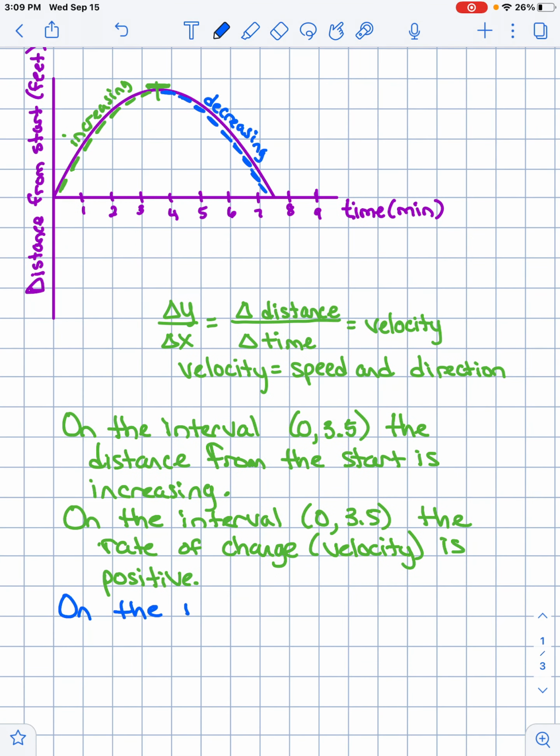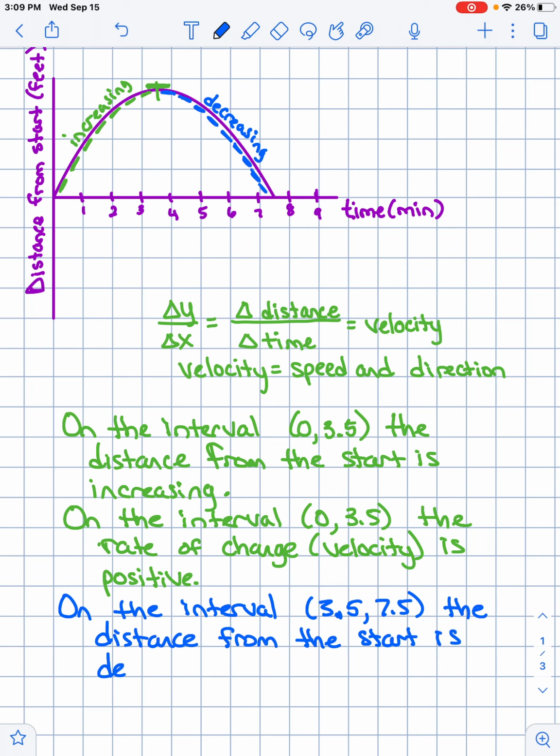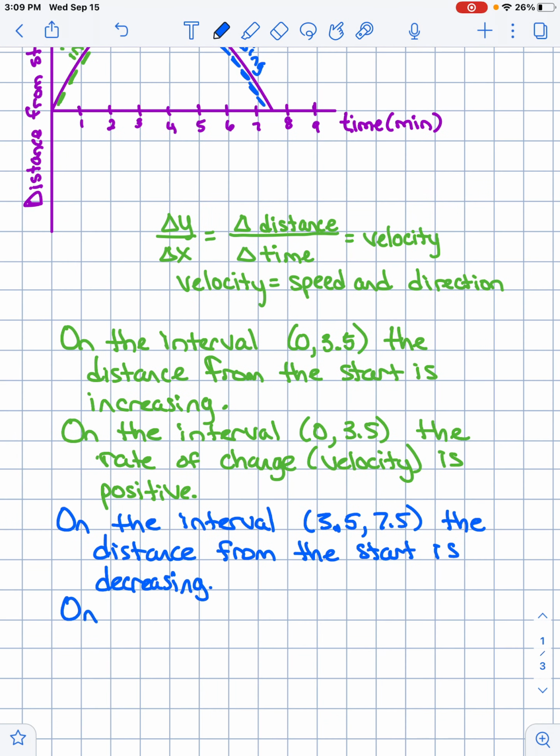On the interval from 3.5 to 7.5, the distance from the start is decreasing. And also on that interval, from 3.5 to 7.5, the rate of change, or the velocity, is negative.